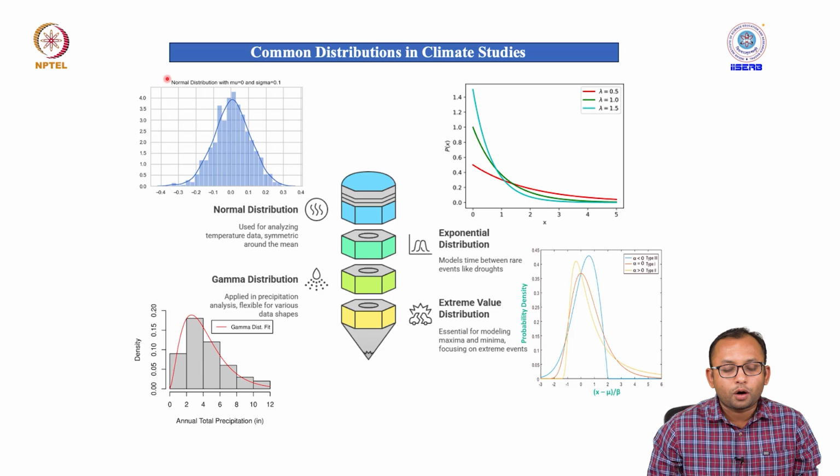This is a further expansion to the common distributions in climate data sets. We use the normal distribution function, where values can go in the negative direction or in the positive direction as well. The normal distribution is a bell curve, where the central values, in this particular example, are close to 0.